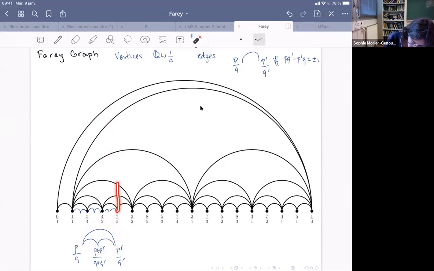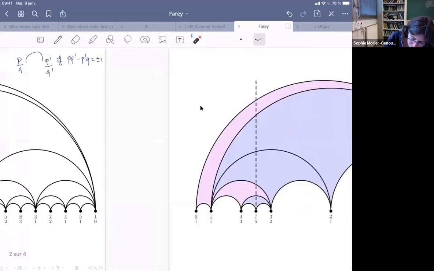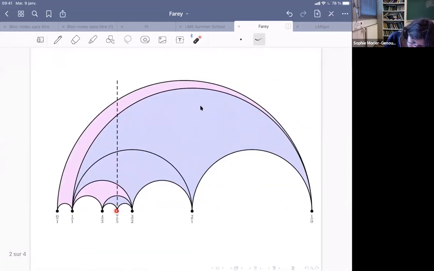This line crosses finitely many shapes, so just look at what you cross. I did it here. I start with 7/5, I draw this line, and I removed all the non-crossed triangles. So I have a finite picture, and it comes like a triangulated polygon.